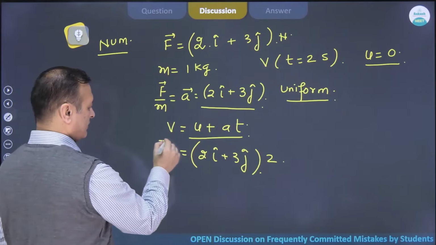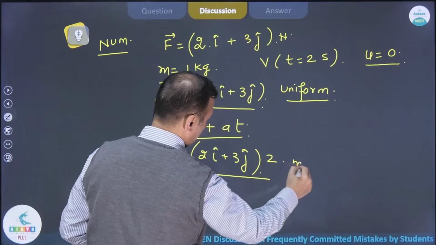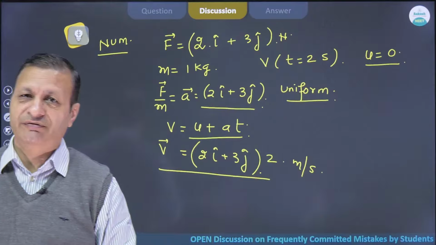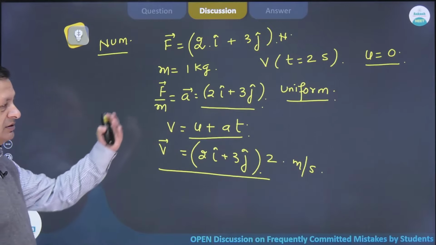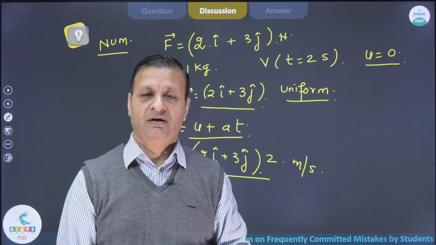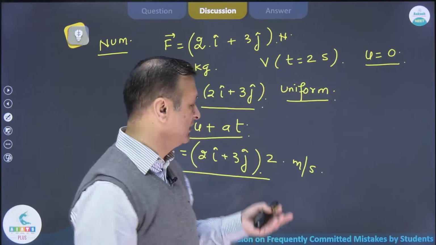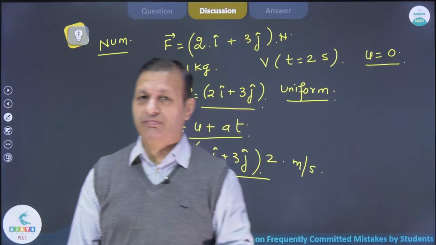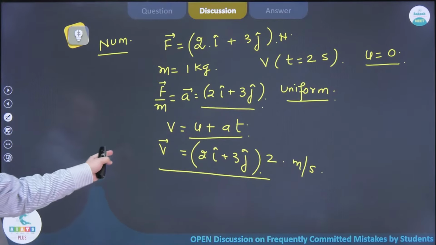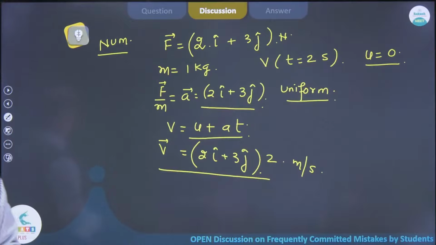So primarily that defines your final velocity. Look at the contrasting difference between these two examples. The very first question had a variable or non-uniform acceleration, but in this situation we have assumed the acceleration to be constant or uniform. Then this equation is the best one to solve this.